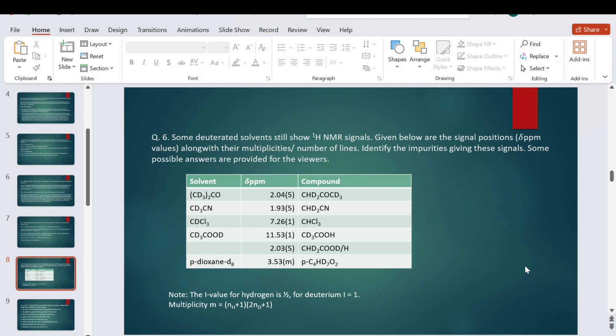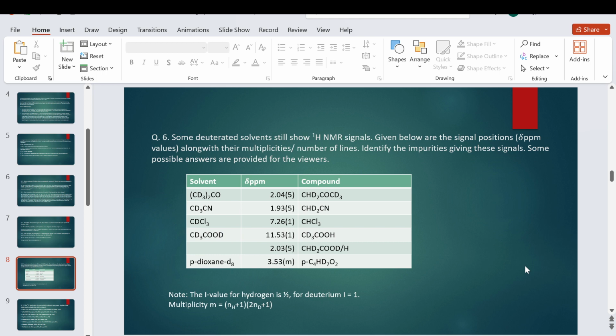Another signal at 2.03, 5 lines, due to CHD2COOD. Para-dioxane-D8, a signal at 3.53, multiplet, identified as due to C4HD7O2. So in this manner we can identify the impurities present in the spectroscopy grade solvents which are deuterated.